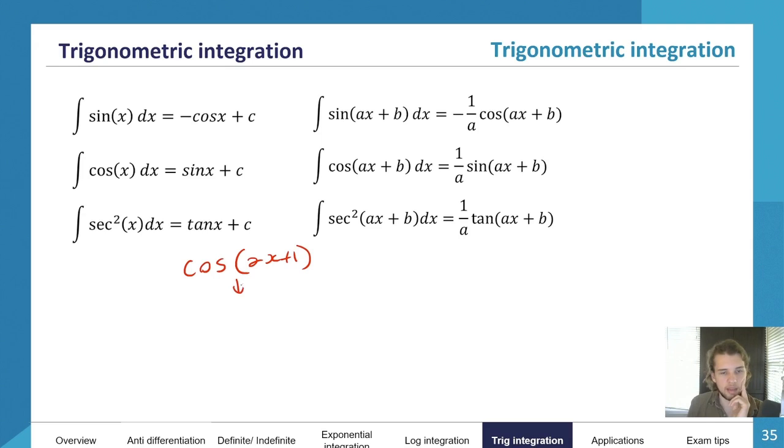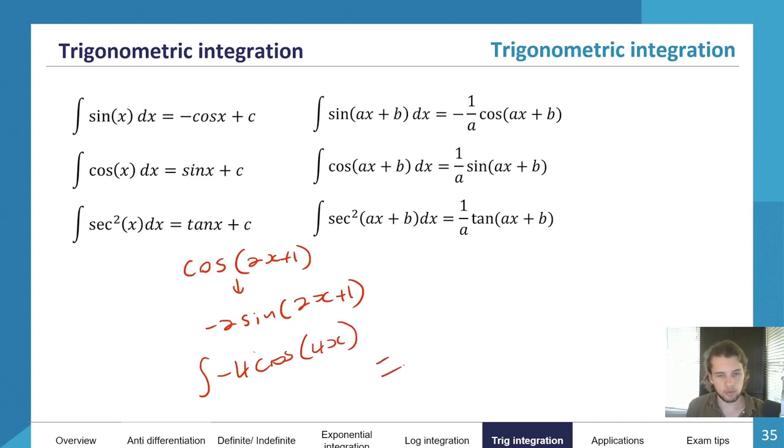If we derive that down, that would be negative 2 sine 2x plus 1. So that means, based on this being a very consistent process, we can also integrate, let's say we had to integrate negative 4 cos 4x, we would then find out that that is equal to negative sine 4x.